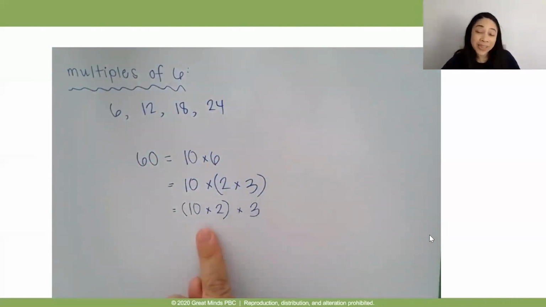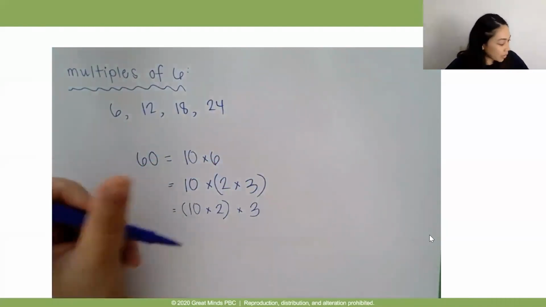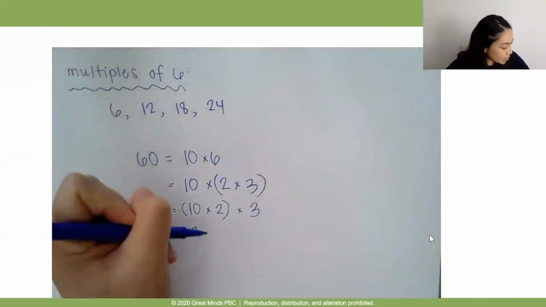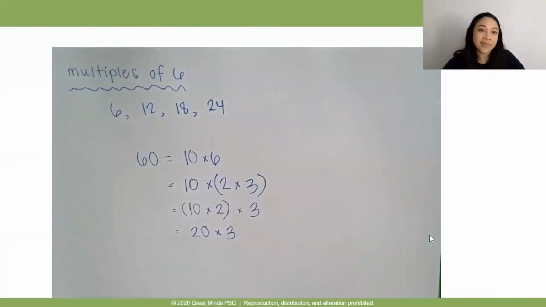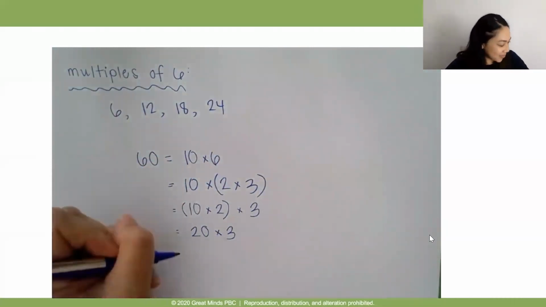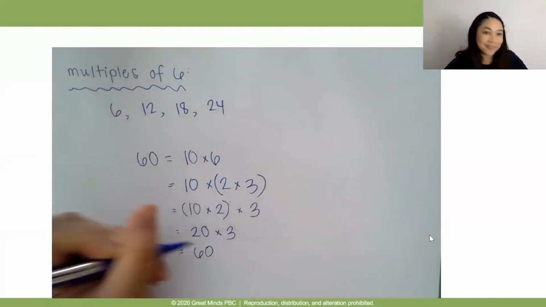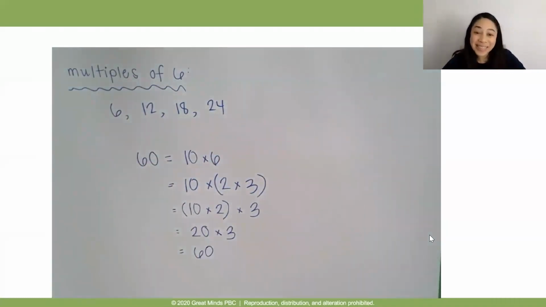Ten times 2 is 20. So our next equation is 20 times 3. 20 times 3 equals 60. 60 is a multiple of 3. Let's now associate 3 with 10.